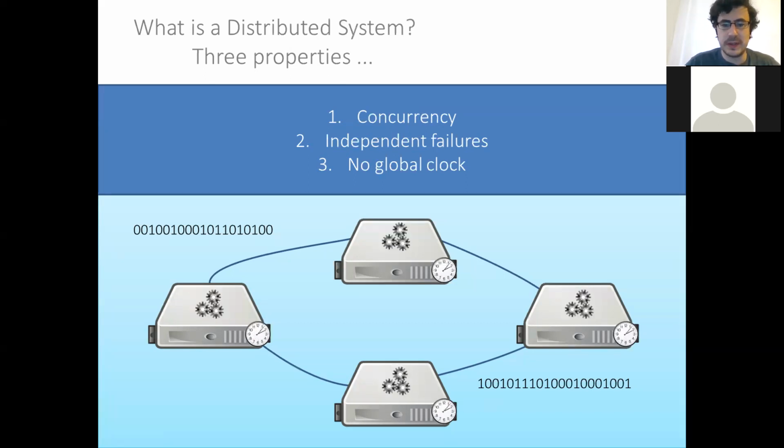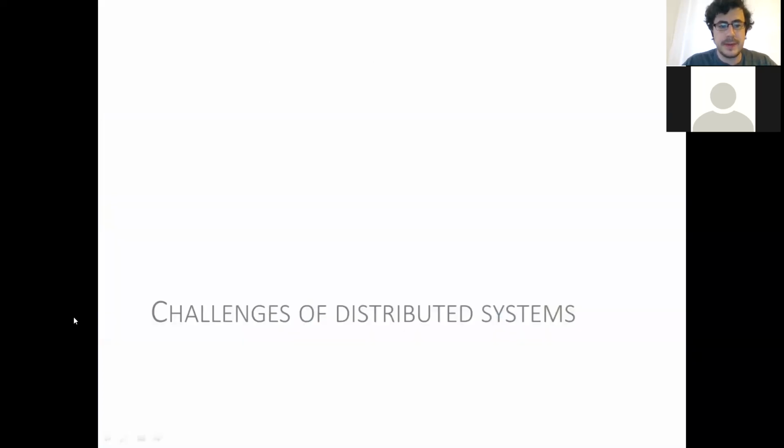So there's going to be some difference between the machines in terms of the time at some level, be it nanoseconds or clock cycles in the processor. So they cannot agree on the exact time.